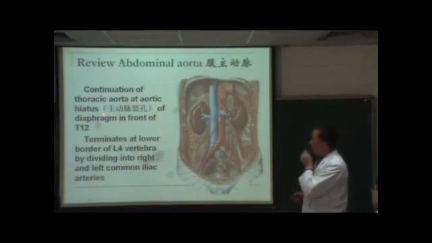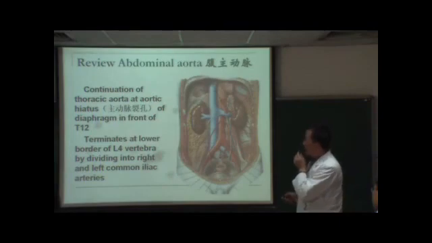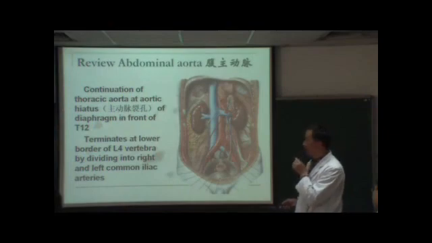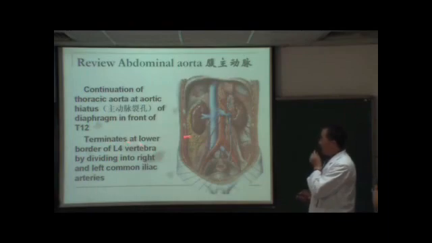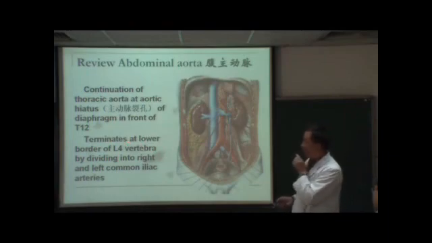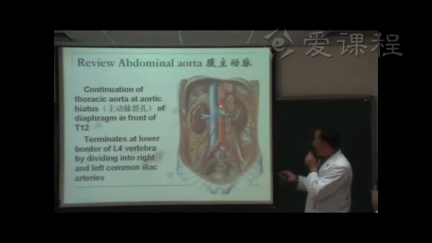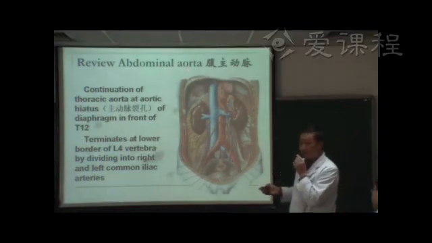It passes through the aortic hiatus of the diaphragm in the front of the 12th thoracic vertebra, and it terminates at the lower border of the lumbar 4 vertebra into the right and left common iliac artery. This part is the abdominal aorta.